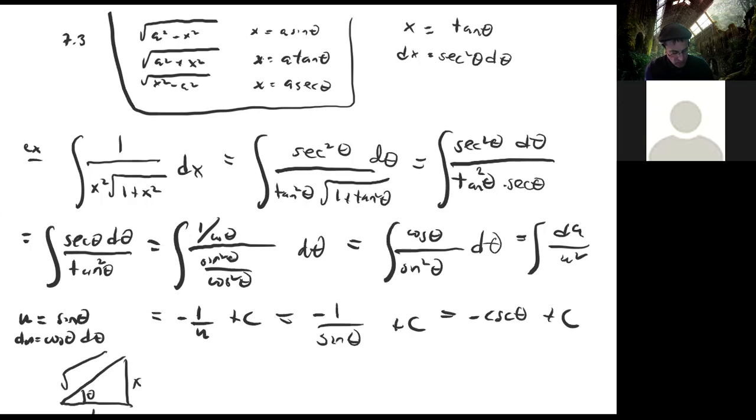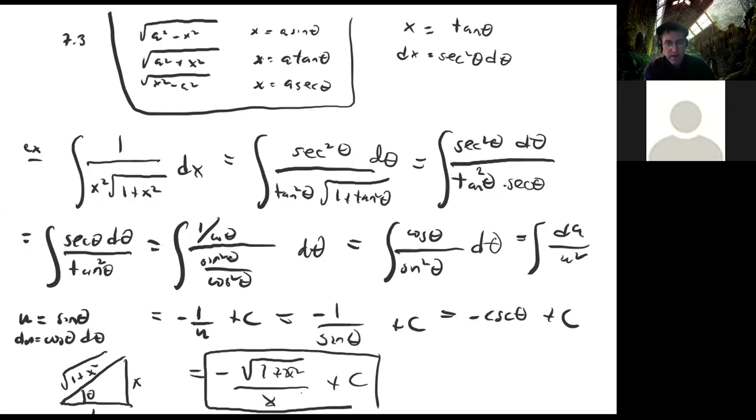The hypotenuse is the square root of 1 plus x squared. Then the cosecant of theta is given by the hypotenuse over the opposite, so it's the square root of 1 plus x squared over x plus c. And that is the final answer to this first example.